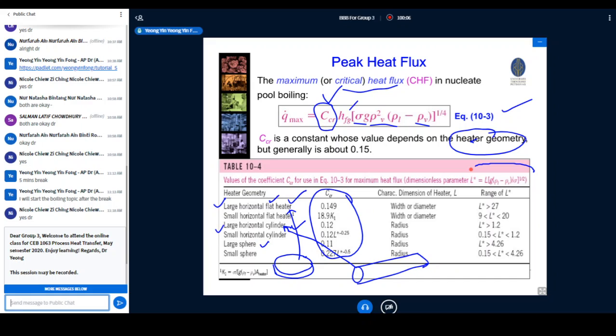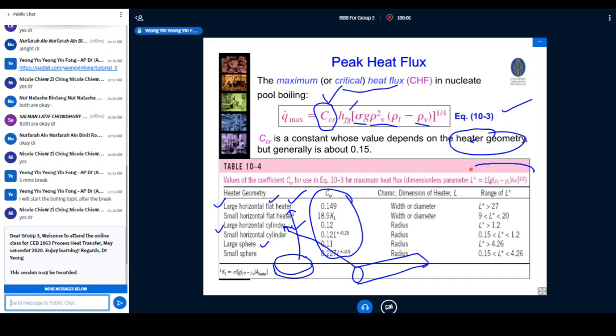Meaning that the first thing you need to know is the heater geometry, whether it's a flat one or cylinder type. The second one, you need to calculate the L asterisk because I do not know whether it's small or large. So I need to prove this L asterisk.